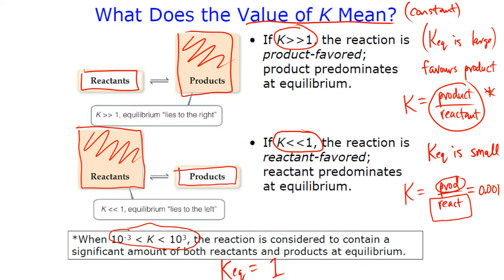Well, really it tells you that you have products equaling reactants in order for that division to give you a value of 1. So if you're anywhere remotely close to 1, so we talk about things like anywhere from 1,000th up to 1,000, you have a significant amount of both reactants and products. You might lie a little bit further to one side, but not drastically, like some of these much larger or much smaller numbers.